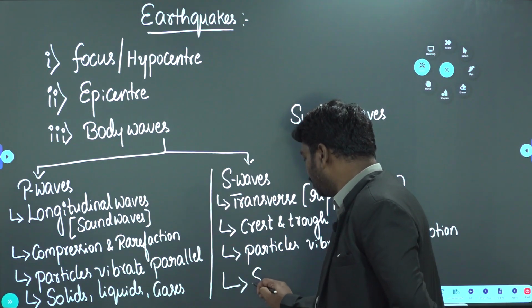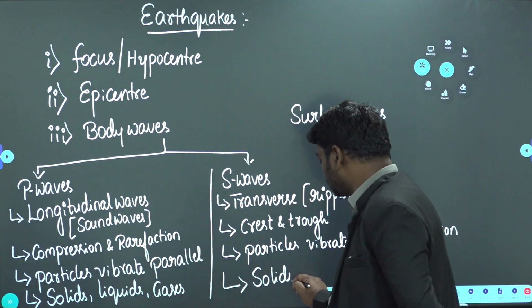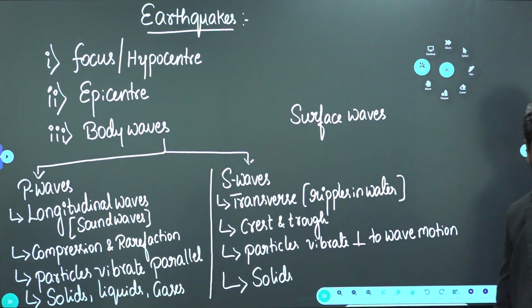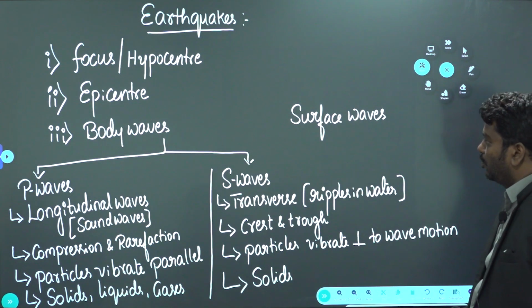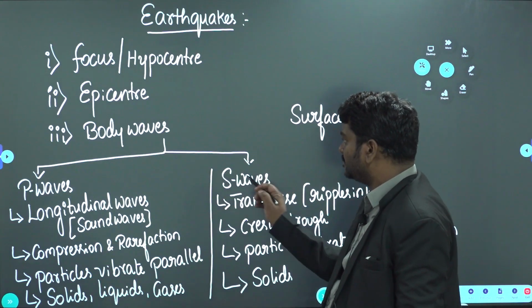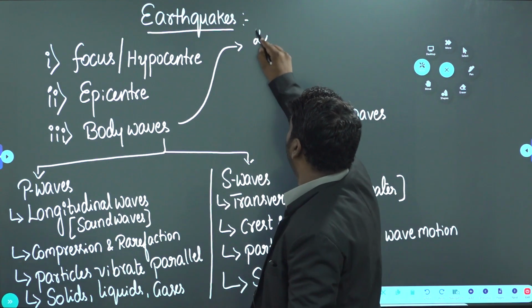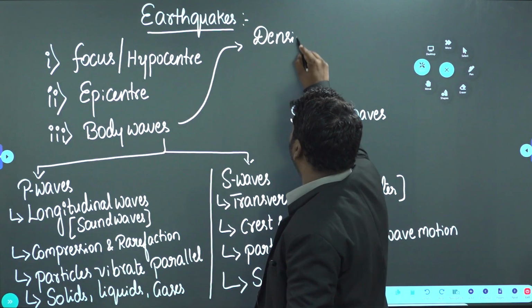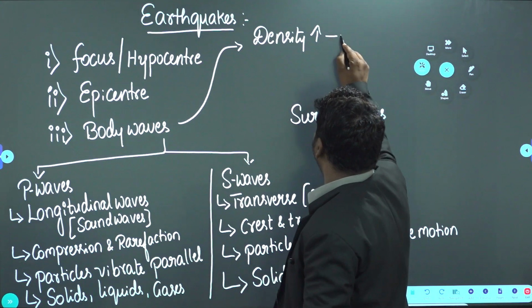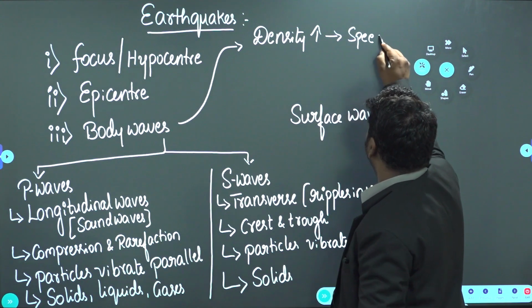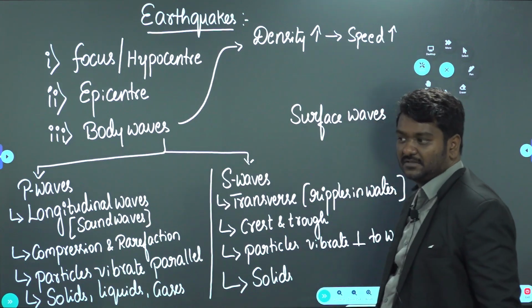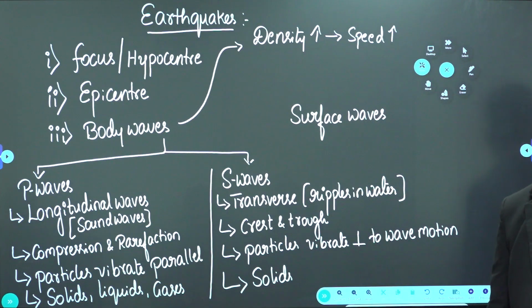They can travel only through solids. Then guys, both P waves and S waves, if we take body waves, density increases, speed increases. Density decreases, speed decreases.